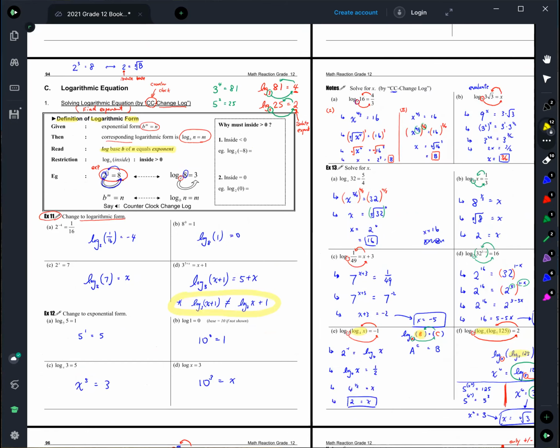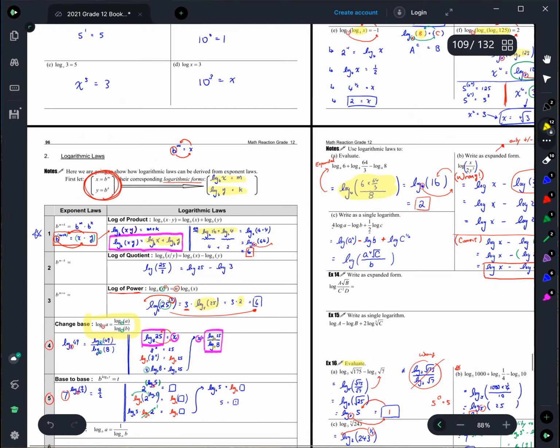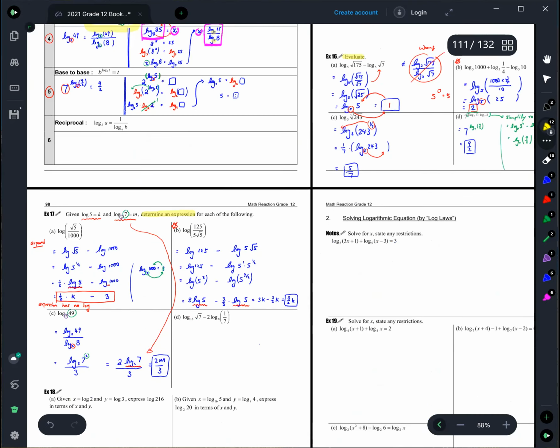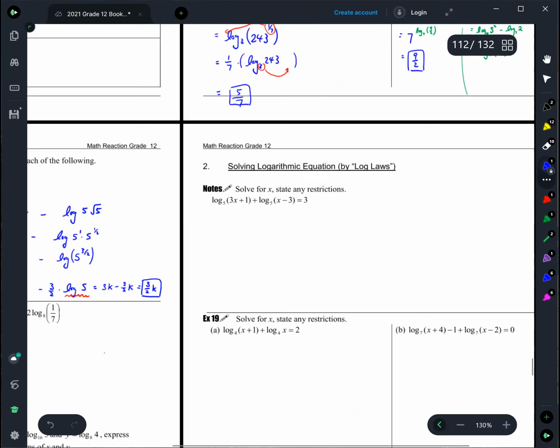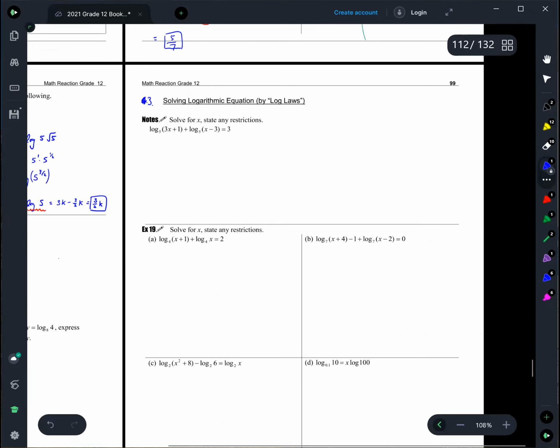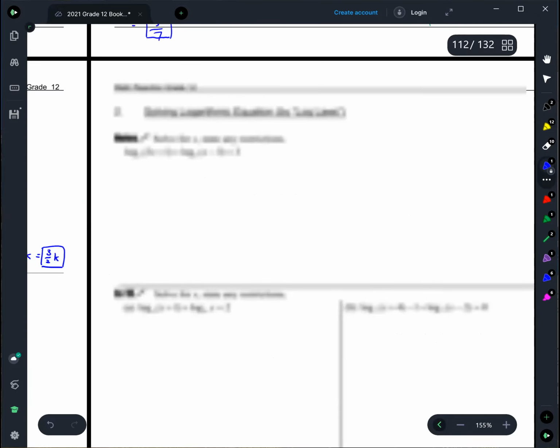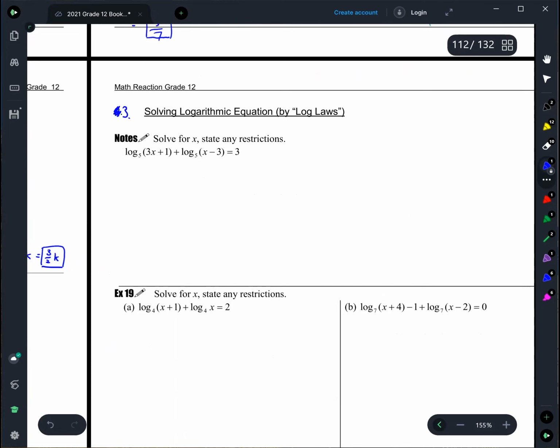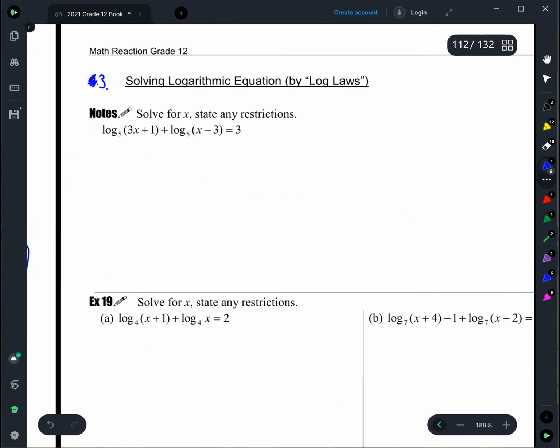Okay, so the first part was changing log, counter clock. The second part is the log law. This should be the third, I think there's a typo here. This should be number 3. Number 3 is to solve equations using log law.